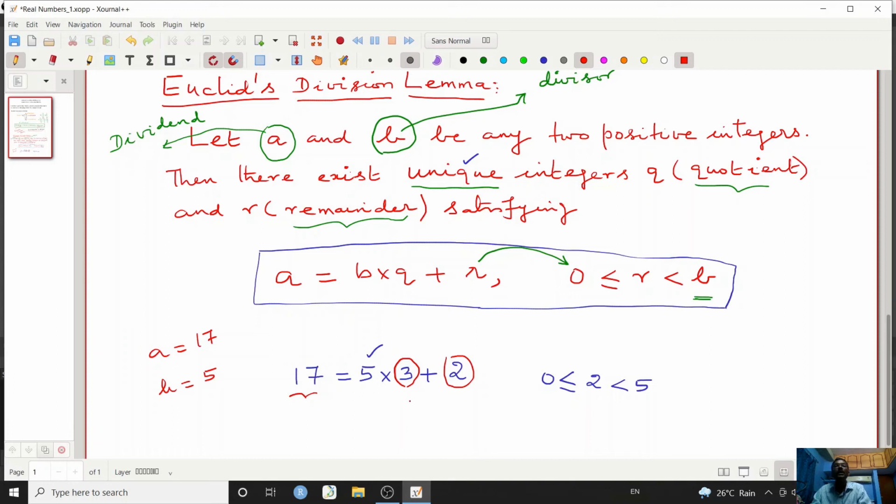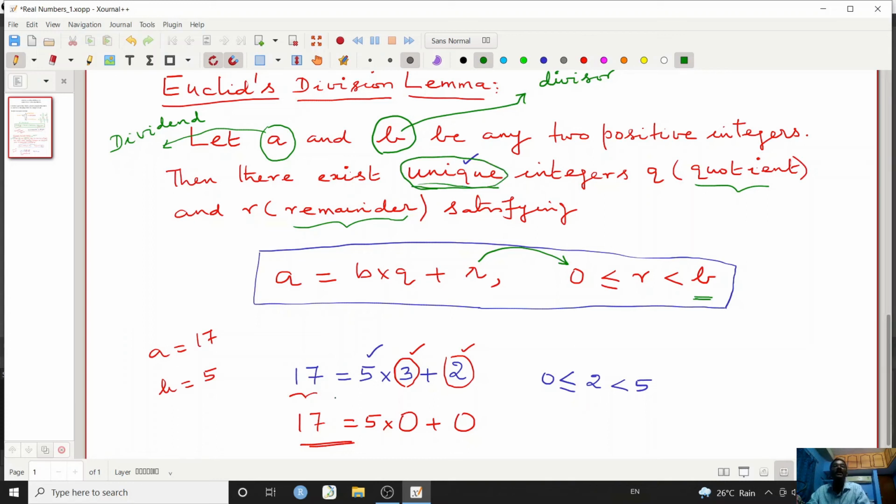You cannot find any other integers other than 3 and 2 satisfying this condition. That means the existence of 3 and 2 is unique.